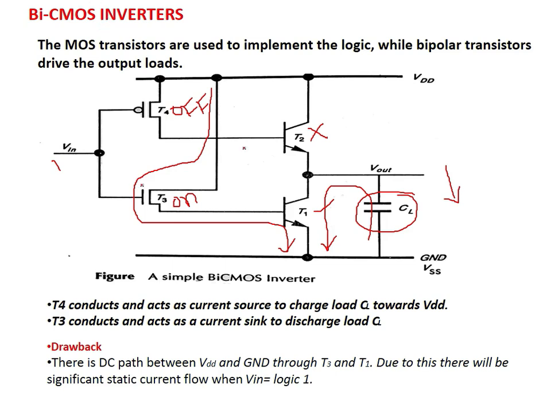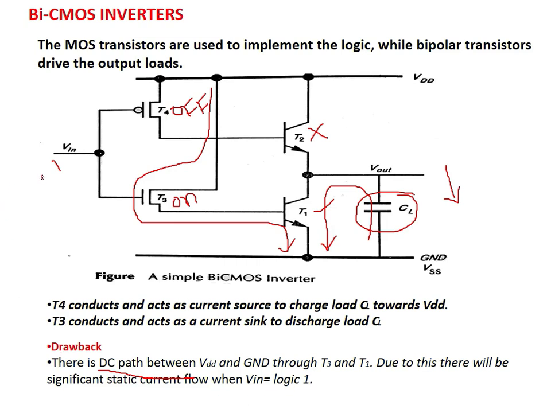Hence in special cases we use this BiCMOS technology. The drawback is, if you observe, there is a DC path between VDD and ground through T3 and T1. Due to this, a significant static current flows when Vin is equal to logic 1.